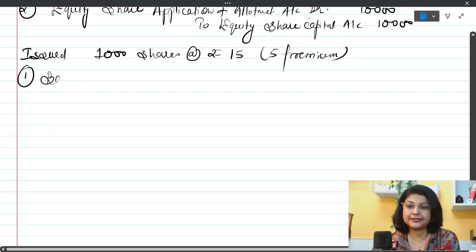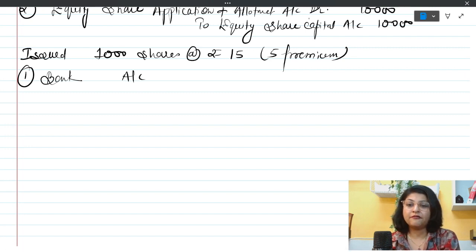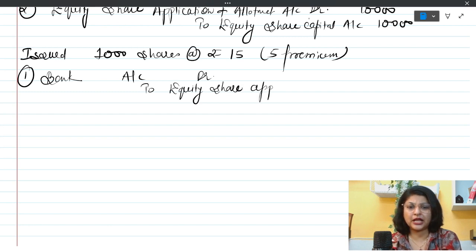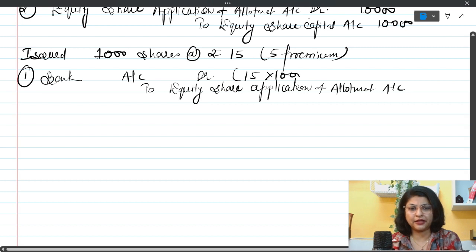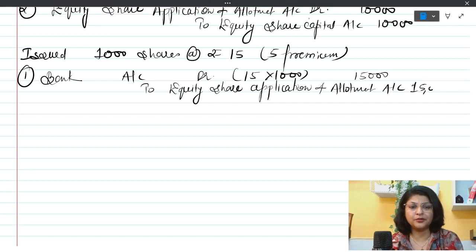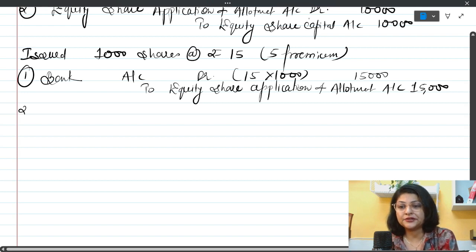The first entry will remain the same as we had done in the previous case, where the bank account is debited to equity share application and allotment. So this is 15 multiplied by 1000, so you are receiving 15,000 from the public. Receiving is not a problem, but when you transfer this money, it has to go to two different accounts. So in the second entry, you will see a change.